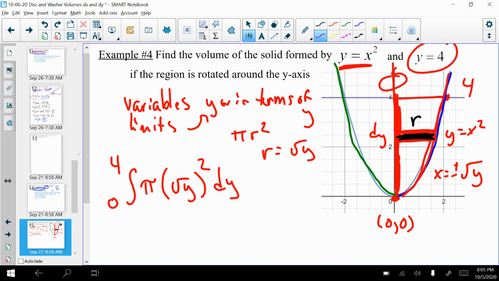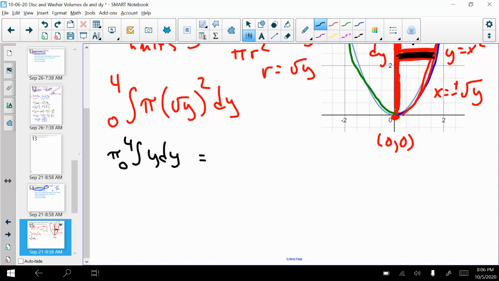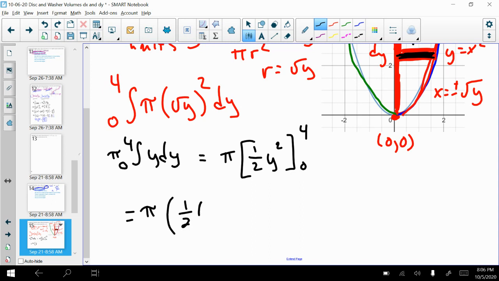You guys know this. So integral from 0 to 4. I'm gonna move my pi out in front of y dy. And this is when I'm like, I love this because this is easy. Half y squared, 0 to 4. So I don't believe that you guys are going to be having trouble, and maybe I'm wrong, and if I'm wrong, please let me know.